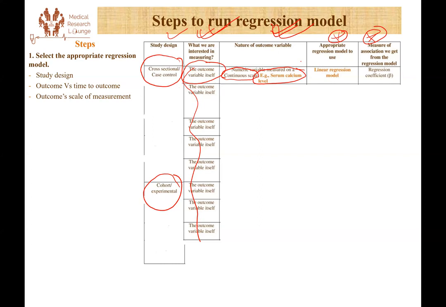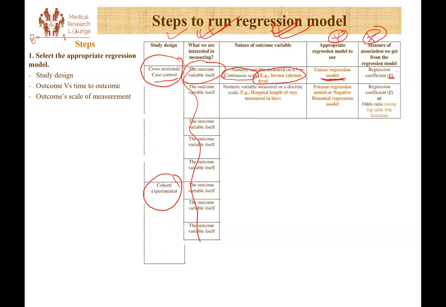It's a continuous variable. So if we have that kind of variable for a cross-sectional or case control design, we have to use a linear regression model. And from the linear regression model, the measure of association that we get to quantify the relationship between the exposures and the outcome is called a regression coefficient. So this is what we get out of a linear regression.